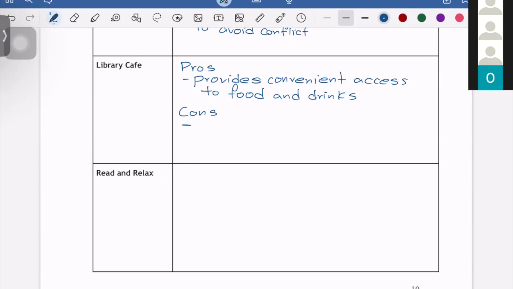A clue, think about food. When you have food in an enclosed space, what will you be constantly smelling?